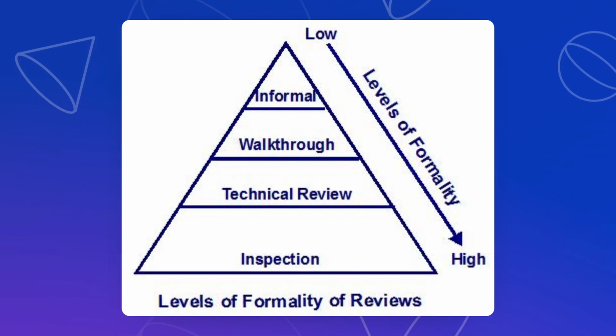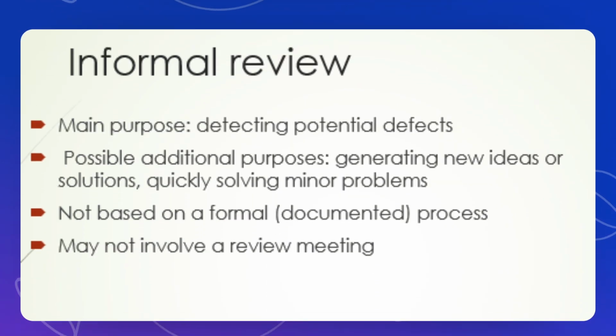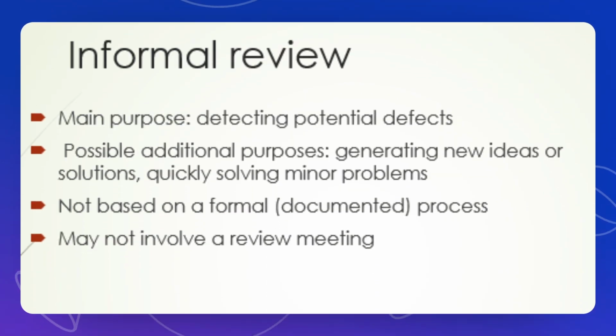As you know, the level of formality of reviews ranges from very formal to informal. In the very formal case we have inspection, then technical review, then walkthrough, and it goes to the very informal case. Let's discuss in detail. When we talk about informal review, the main purpose is detecting potential defects, with possible additional purposes of generating new ideas and solutions and quickly resolving minor problems.